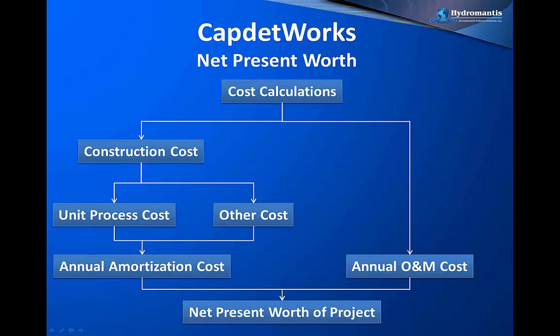For example, the profits, engineering costs, and all those costs are accounted into the construction cost. All of these costs from the unit process cost and the other costs, which are the capital costs, are then amortized and added to the annual operation and maintenance costs, which are also estimated by CapdetWorks to find the net present worth of the project.